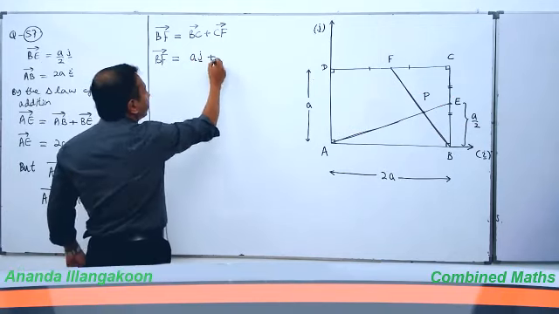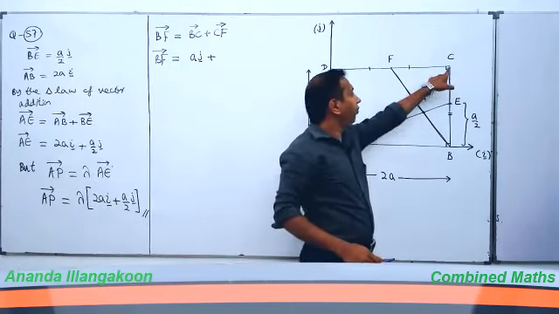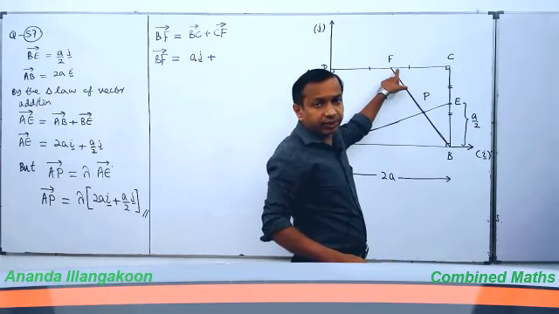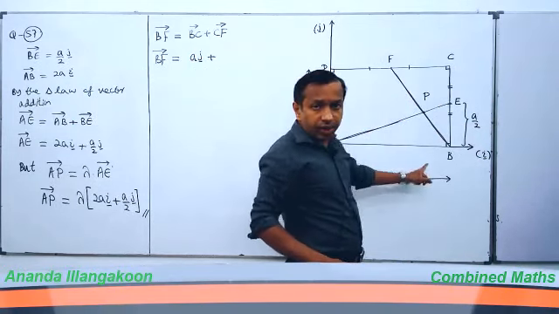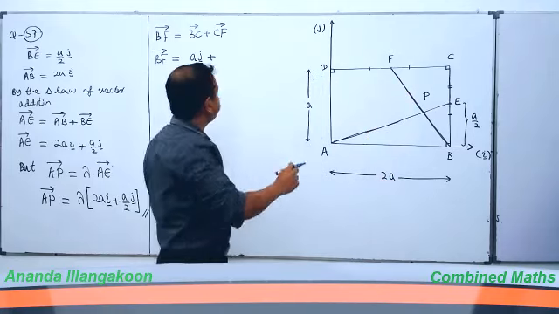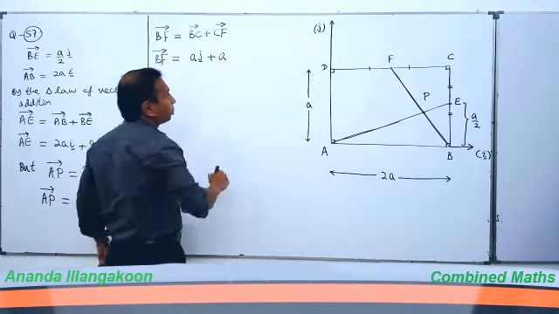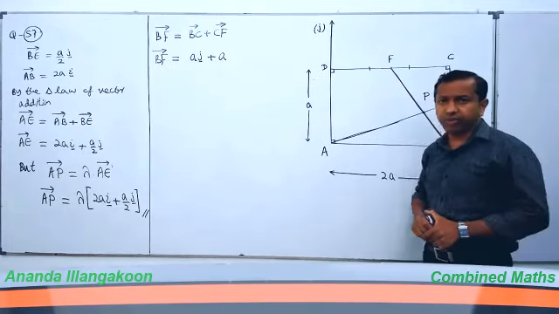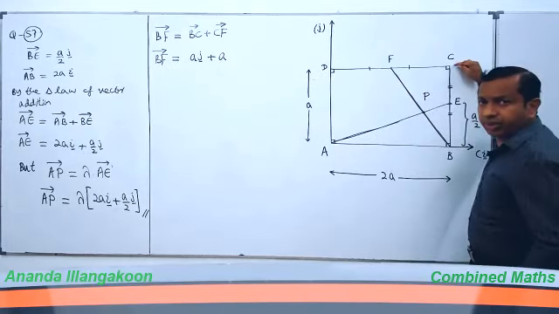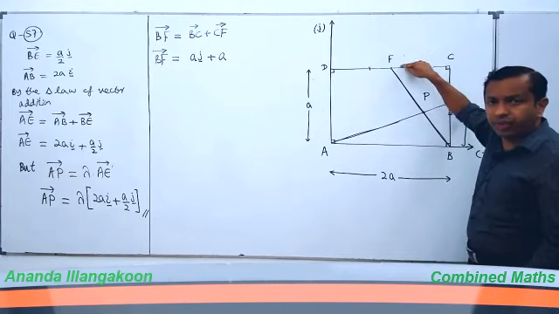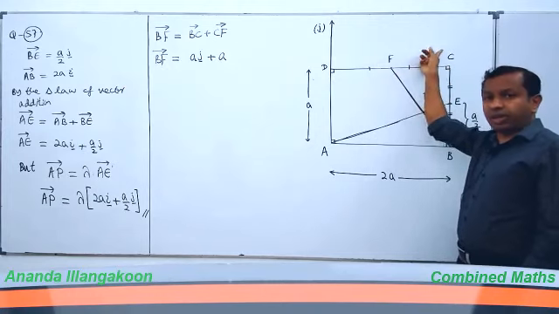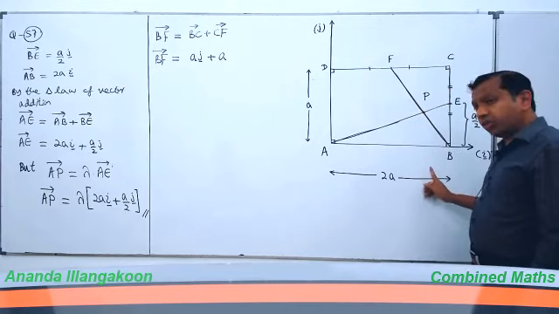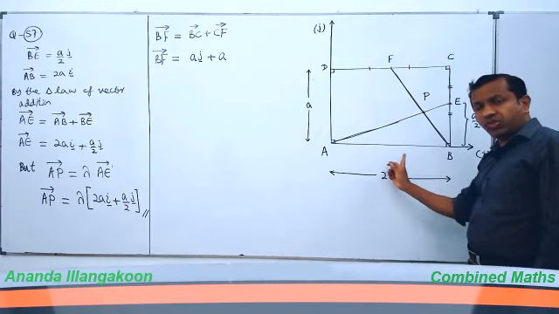CF vector. C to F length is a, half of 2a, we know. People, what is the unit vector in the direction C to F? In this direction the unit vector is i.